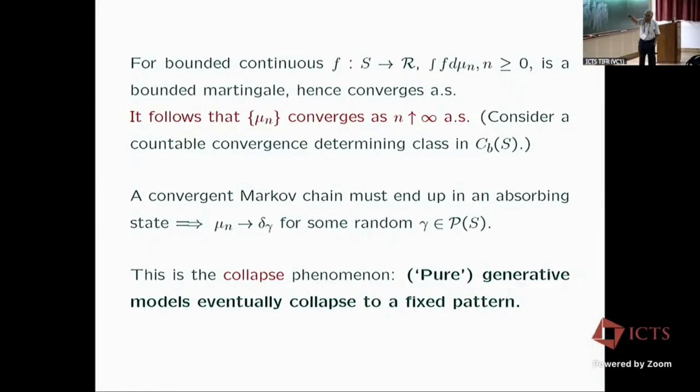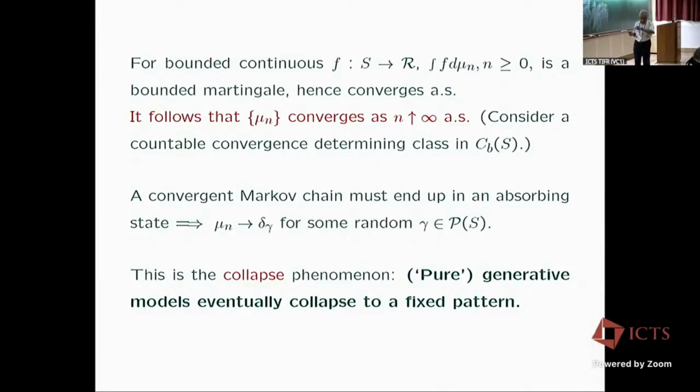This is the mathematical interpretation of collapse. What happens in generative models is that after a while you start getting the same thing; it just throws up the same image, or something close to it. I have called this pure because it is an idealized model, but it is still reasonably close, and at least motivates what you see.